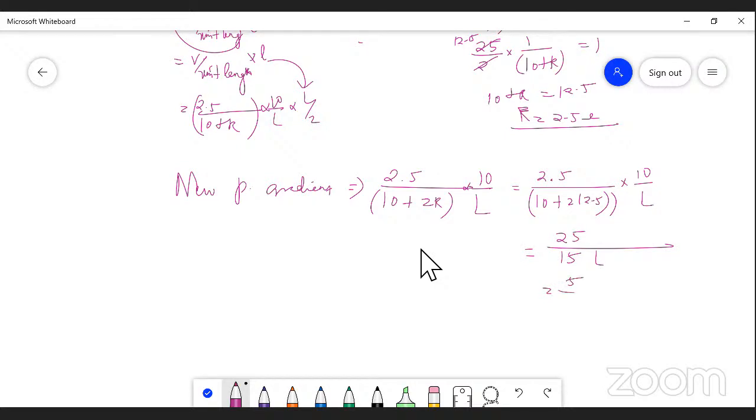So this is 5 by 3L. We have calculated the potential gradient as 5 divided by 3L.